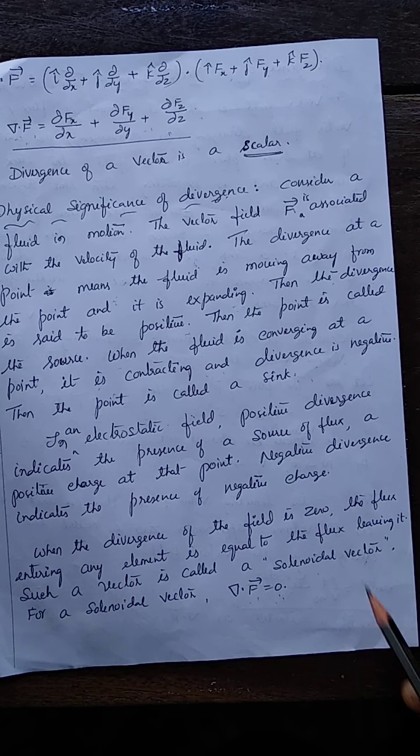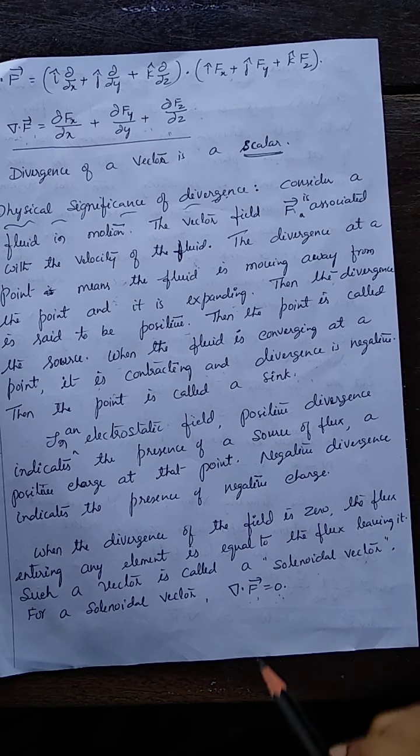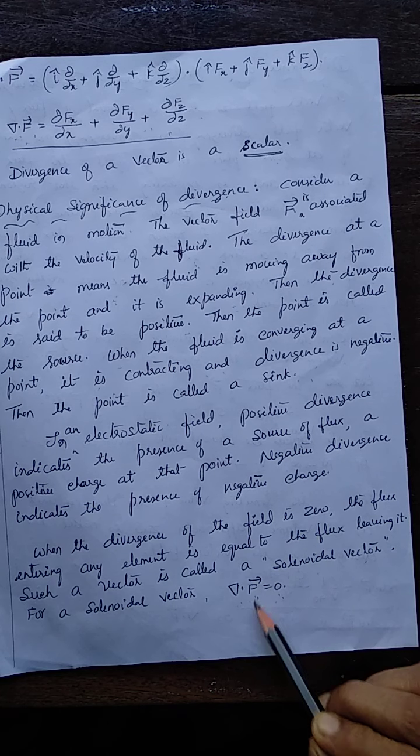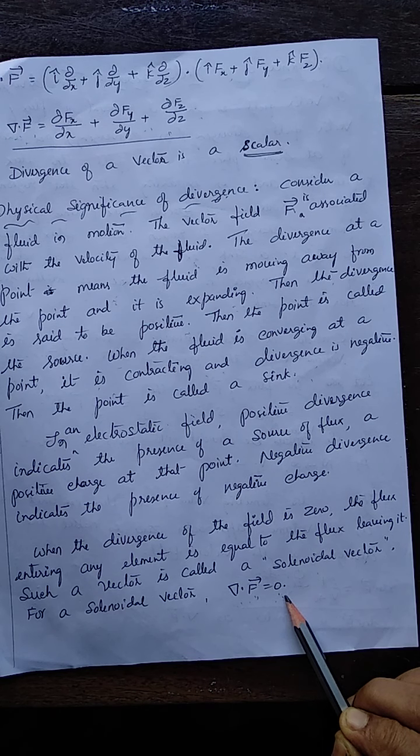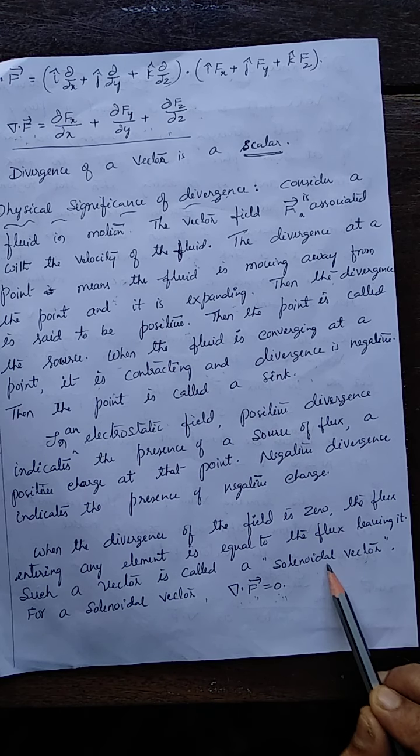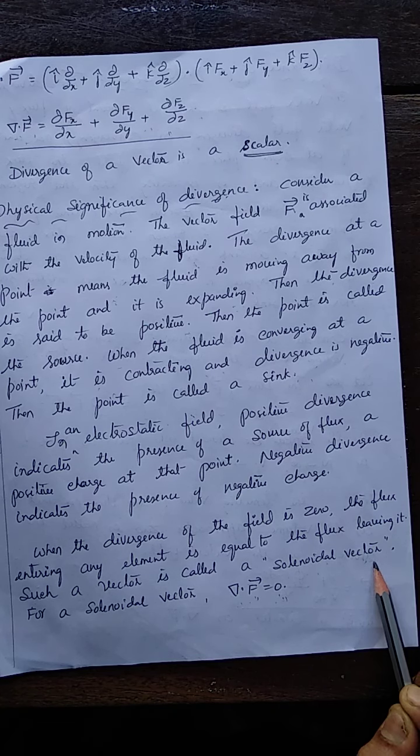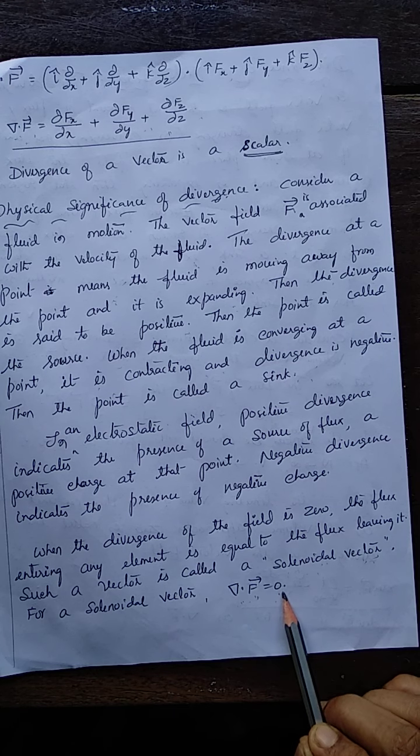If the divergence of that vector at a given point is 0, then that vector is said to be a solenoidal vector. For a solenoidal vector, the divergence is always 0.